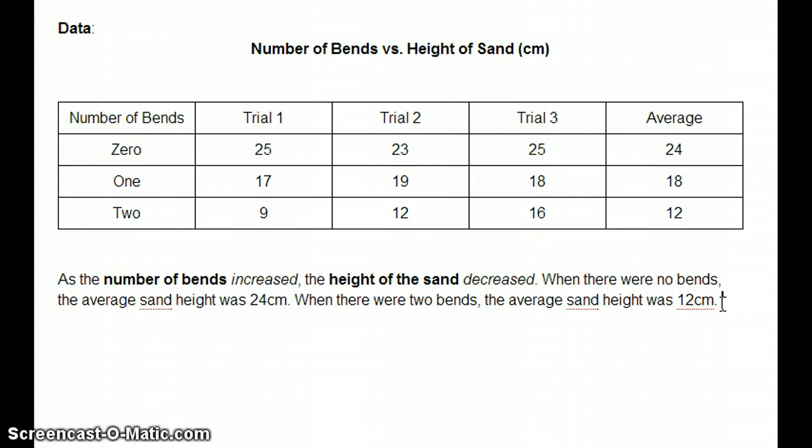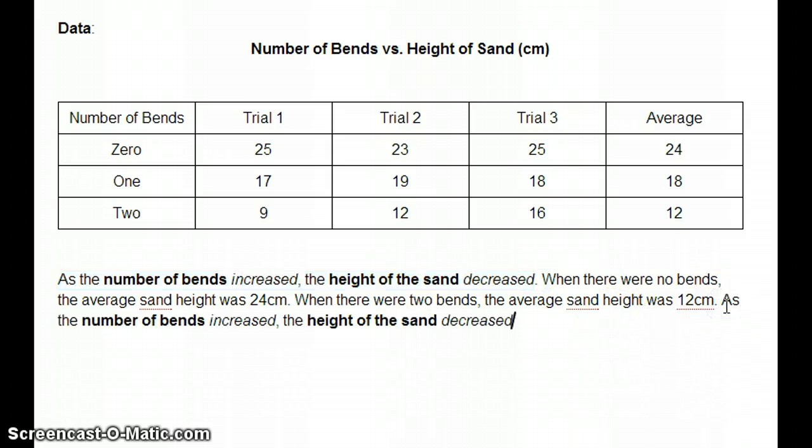Now, in order to get the 4th point, and you want to go for that, you want to make sure that you know what these numbers mean. All they're asking you is, you went from 0 to 2, you went from 24 to 12, what does that mean? I'm going to copy and paste this so that you know how to do this.